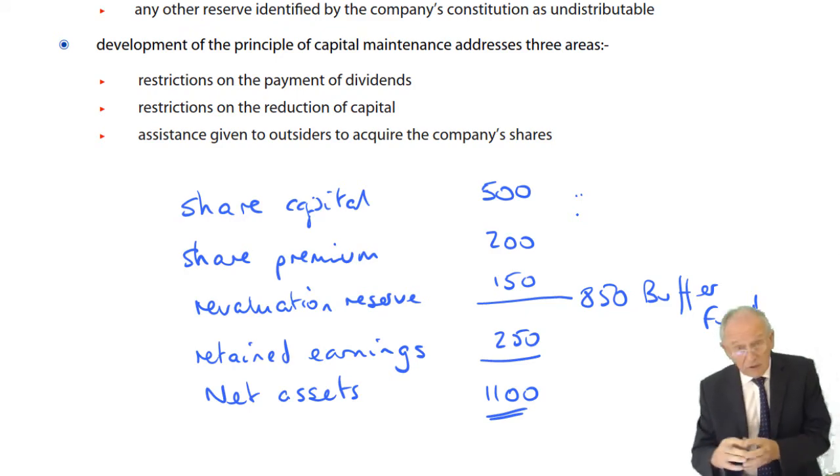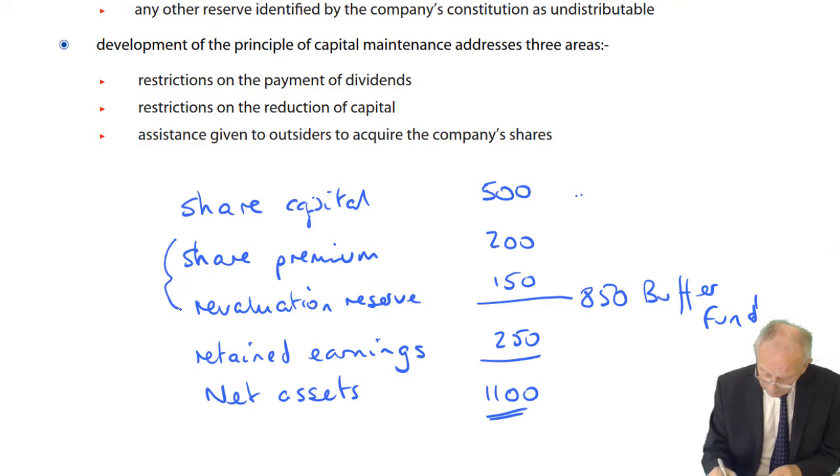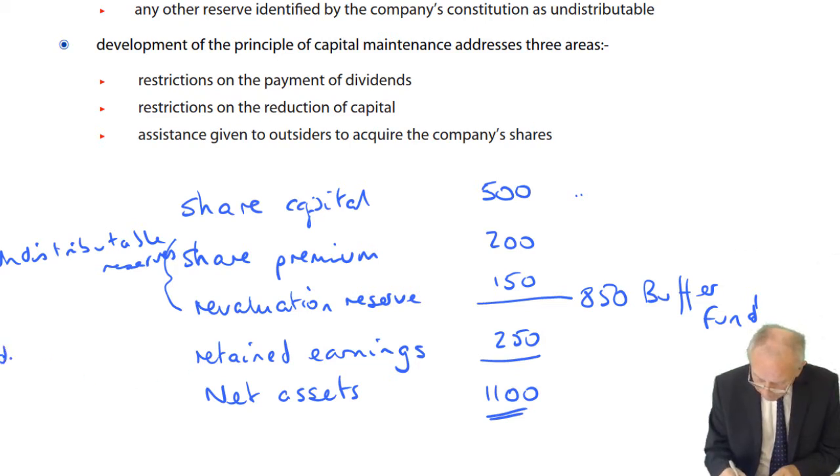And then the retained earnings, therefore, is distributable reserves. So I'm going to classify these two together as undistributable reserves, and this one is a distributable reserve.